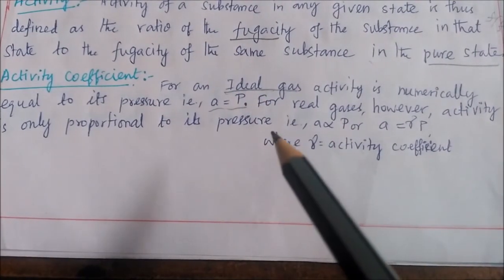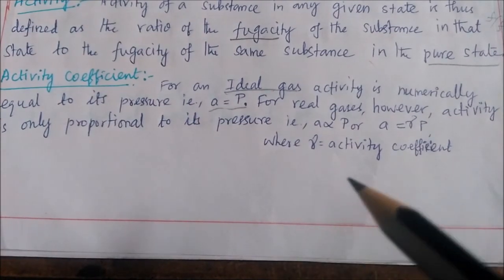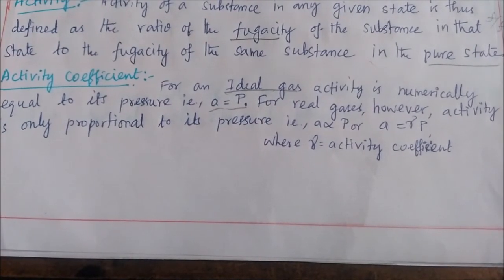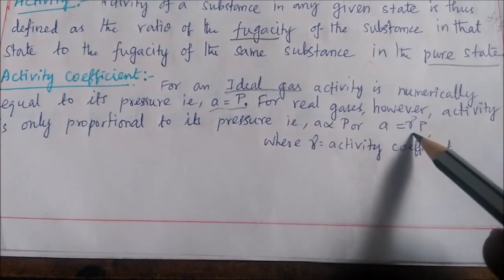So some constant value is involved in equating the activity and pressure. So A is proportional to P and A is equal to gamma into P.